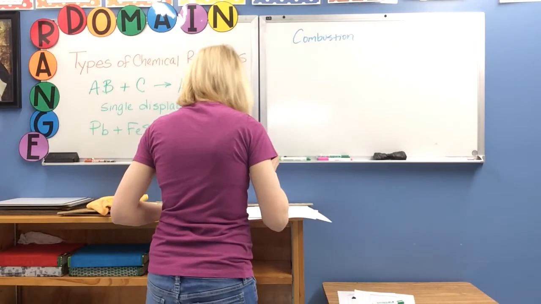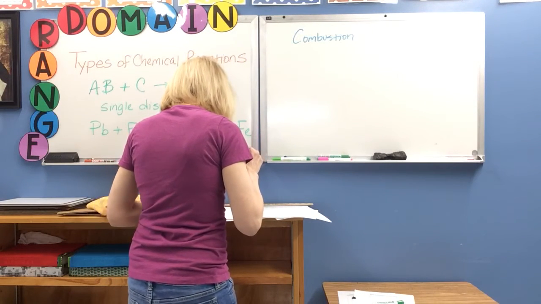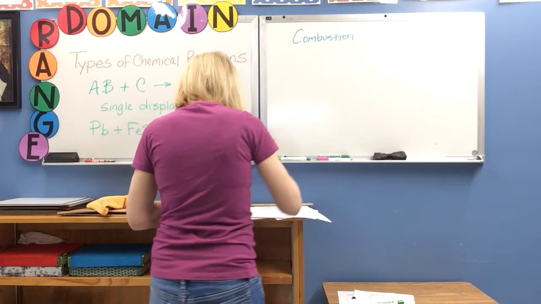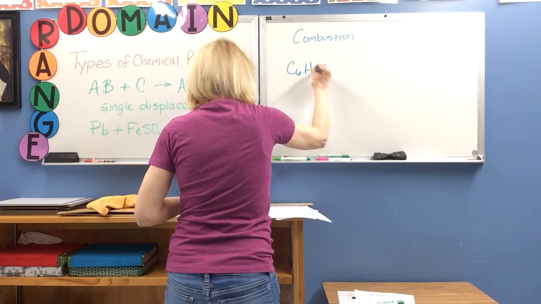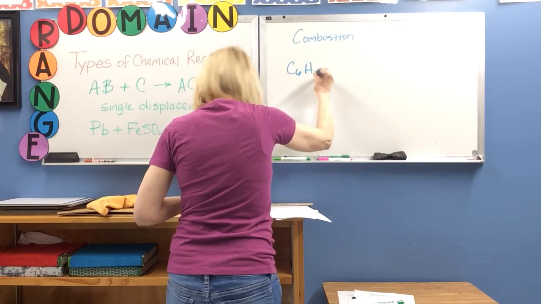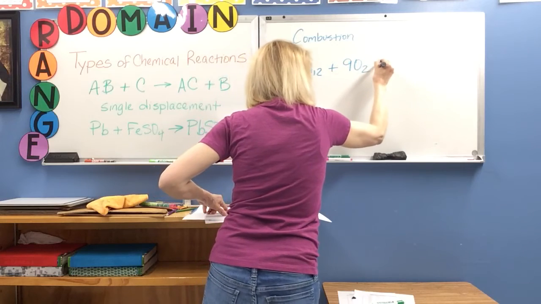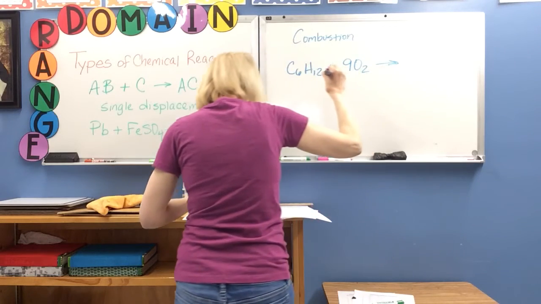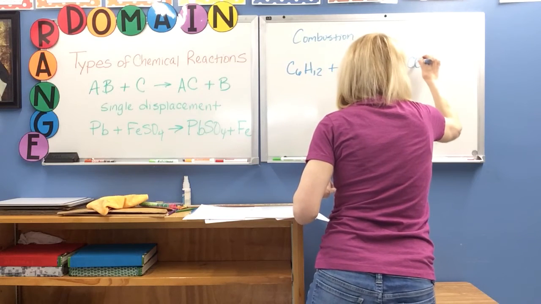So an example of a combustion reaction would be, and this is balanced, which is why the coefficients are so big.